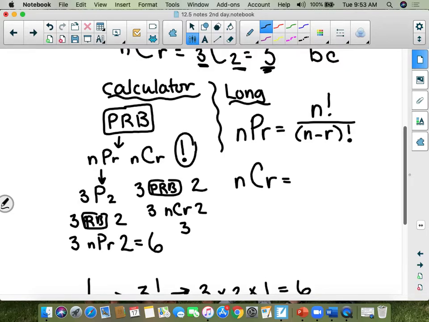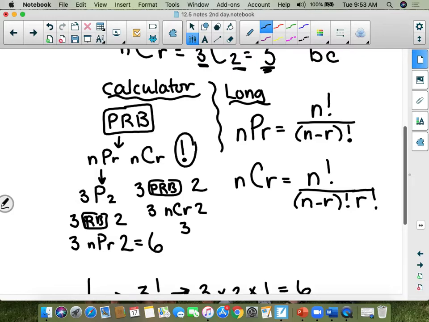NCR is equal to N factorial divided by N minus R factorial times R factorial. So that's how that works.